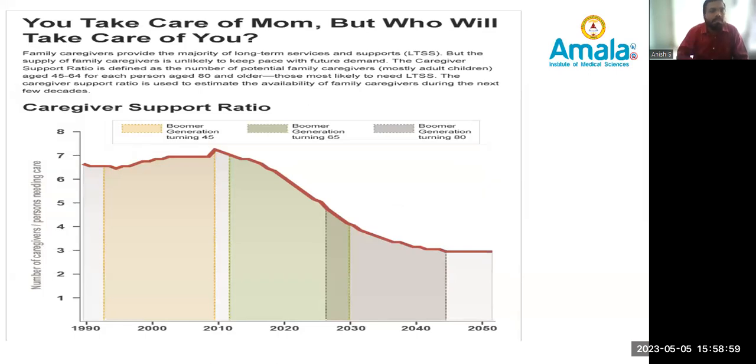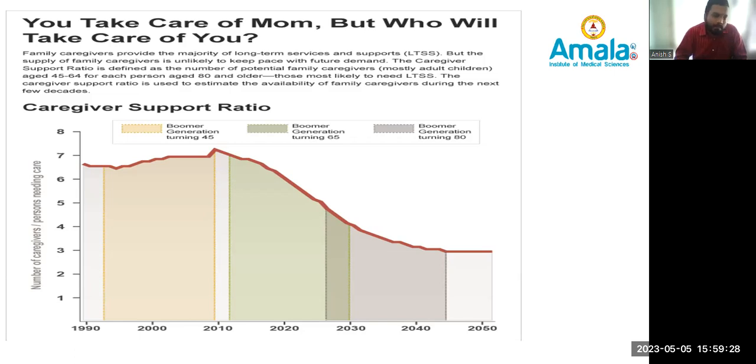I have just put this slide here so that you think: you take care of your mom, but who will take care of you? Informal caregivers, as with palliative care and cancer patients, informal caregiving is very important in a country like India. But as the families are becoming smaller, as nuclear families are setting in, this informal caregiving also becomes a problem.